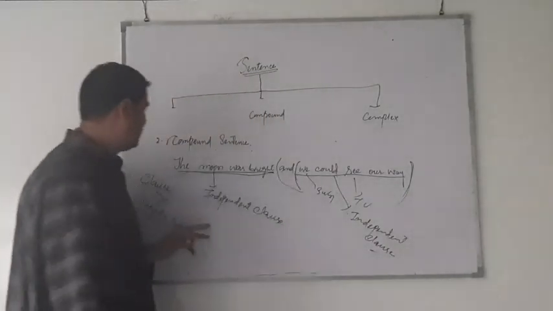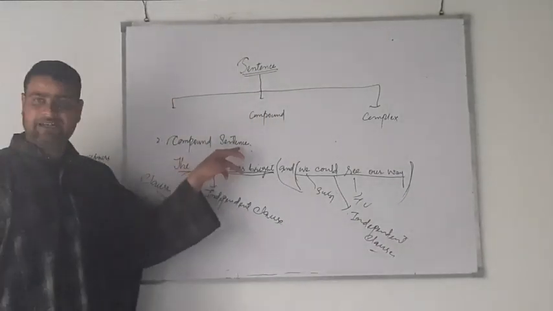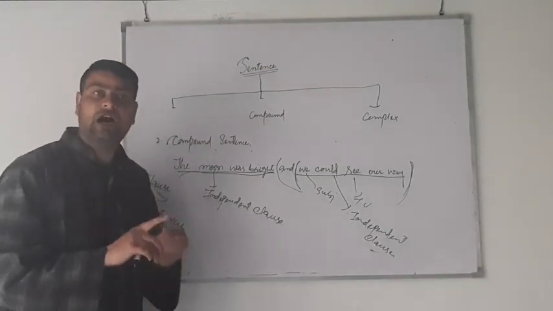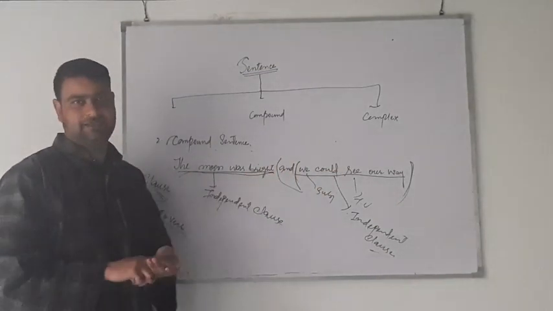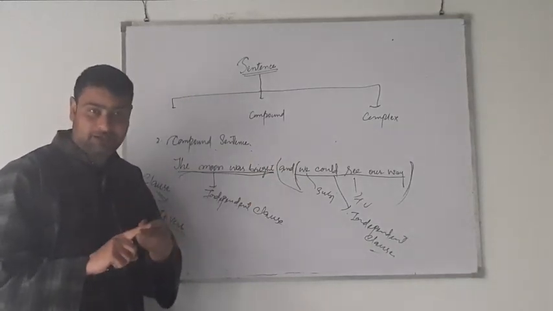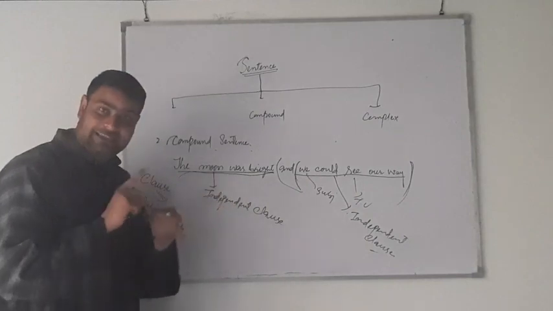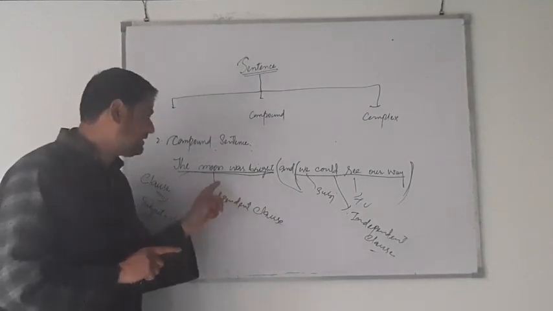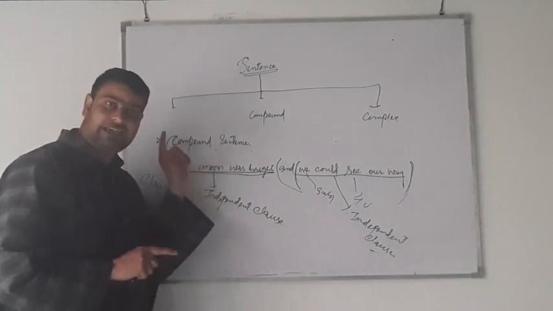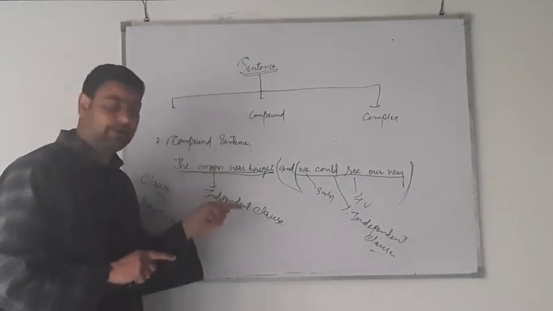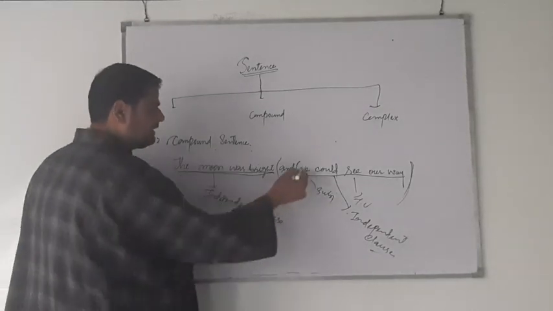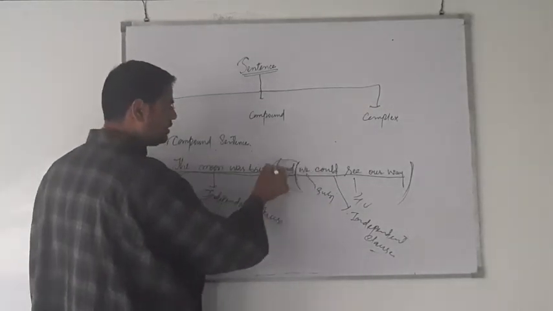Now see, what is a compound sentence? A compound sentence is when two or more independent clauses, but what is the prerequisite? What is the thing needed here? These clauses in a compound sentence, whether they are two in number or three in number, should all be independent clauses. However, they are then joined by a conjunction.